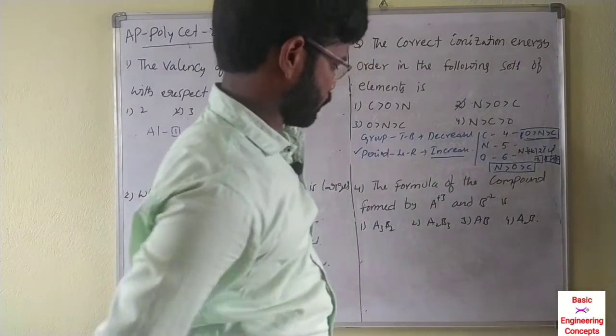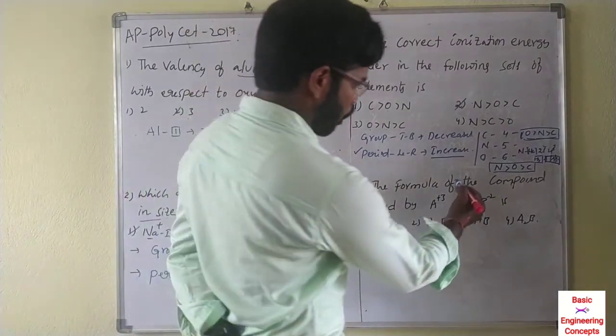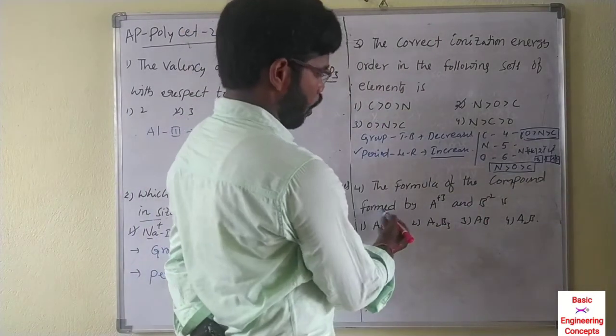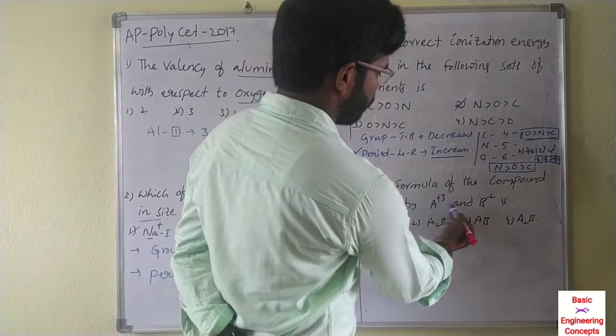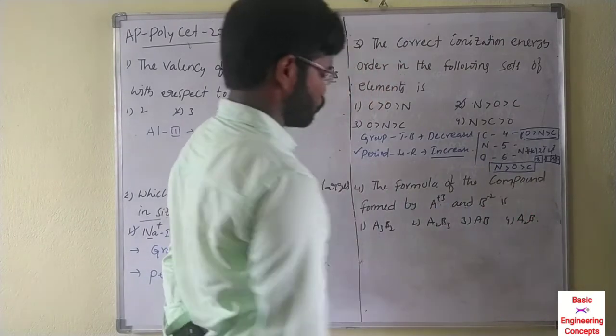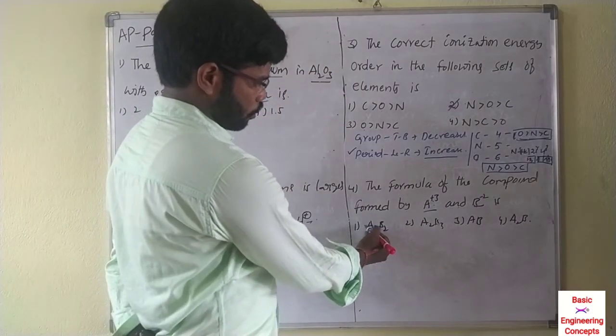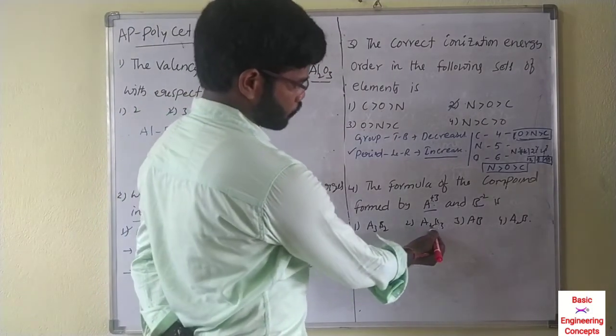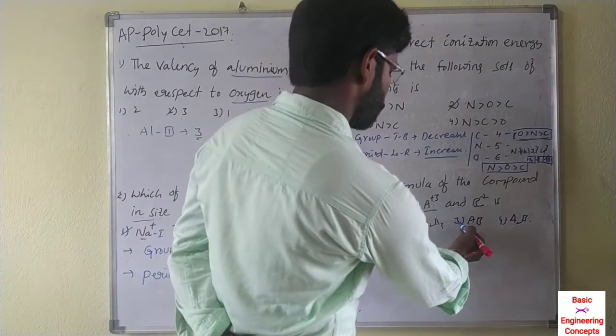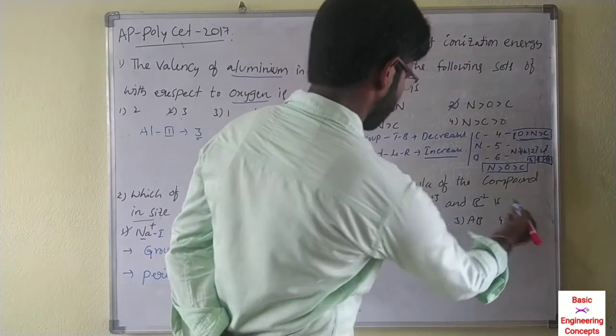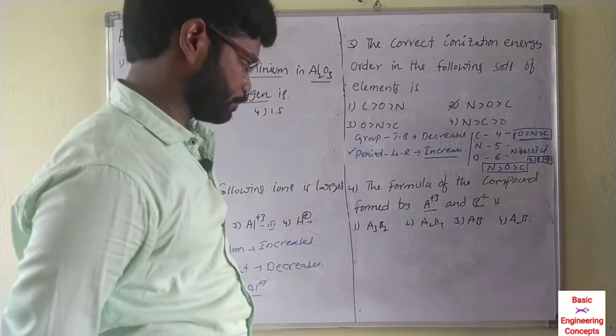The second option is correct. Next: the formula of the compound formed by A3+ and B2- is. First option is A3B2, second option is A2B3, third option is AB, fourth option is A2B.